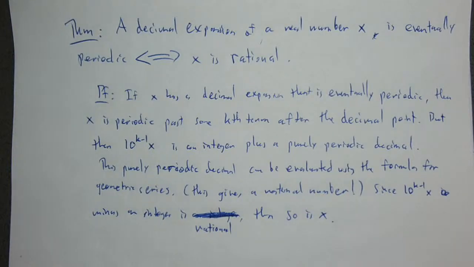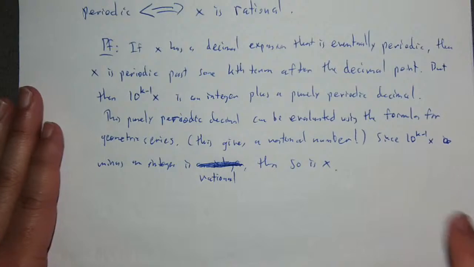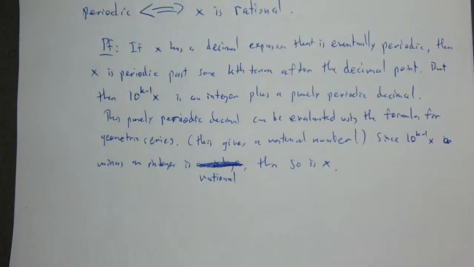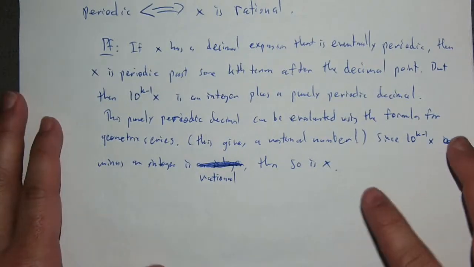So this is actually a constructive proof, and you might have seen this before if you ever did any of these things forever ago in school where you converted strange decimals into fractions or vice versa. So this is actually going to tell us how to do it in both directions. So it's a constructive proof in both directions.